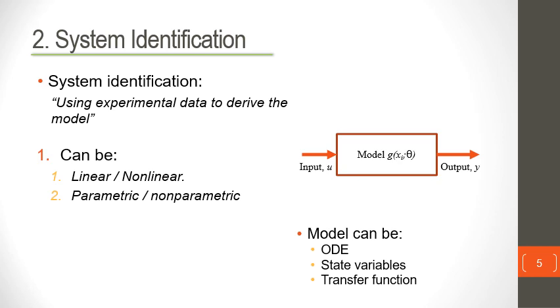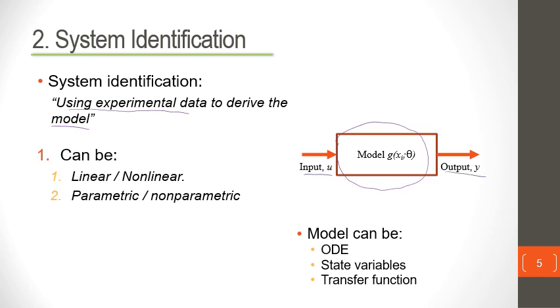System identification uses experimental data to derive your model. Remember our view of a process is that it's made up of a black box which you don't know, but you interact with it by giving it inputs and observing its outputs.